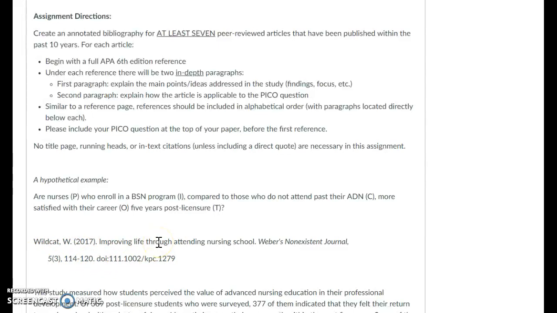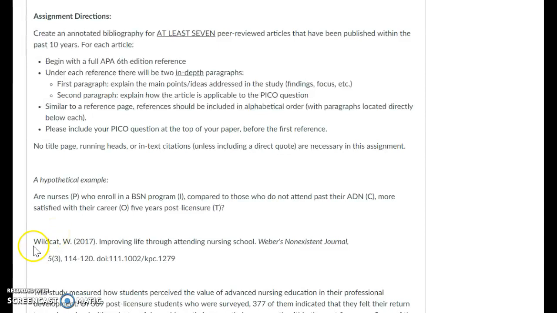The reason that authors are listed the way they are in a single article is based on how much time and work they put in on that study and on that article. And so even if it was like Wildcat W, comma, Smith J, Smith would still be the second person because Wildcat would have been that first name that put in most of the time.